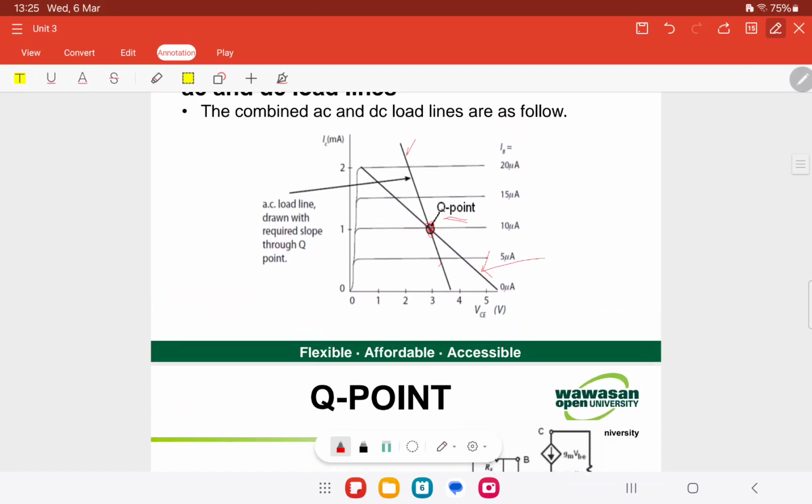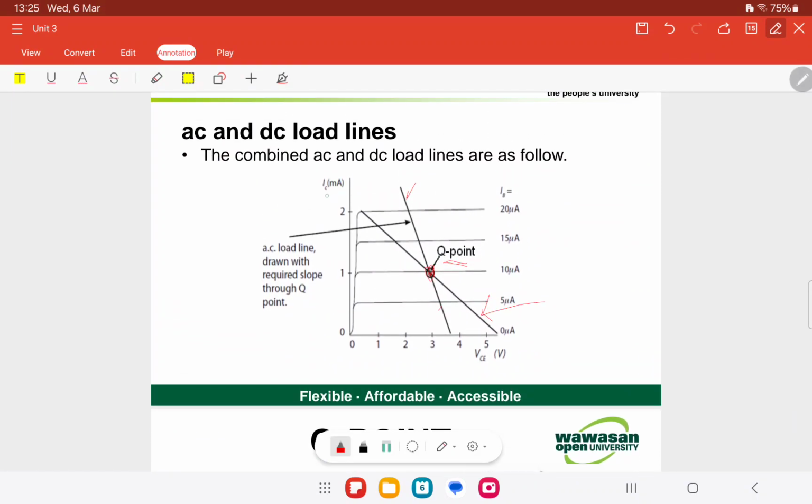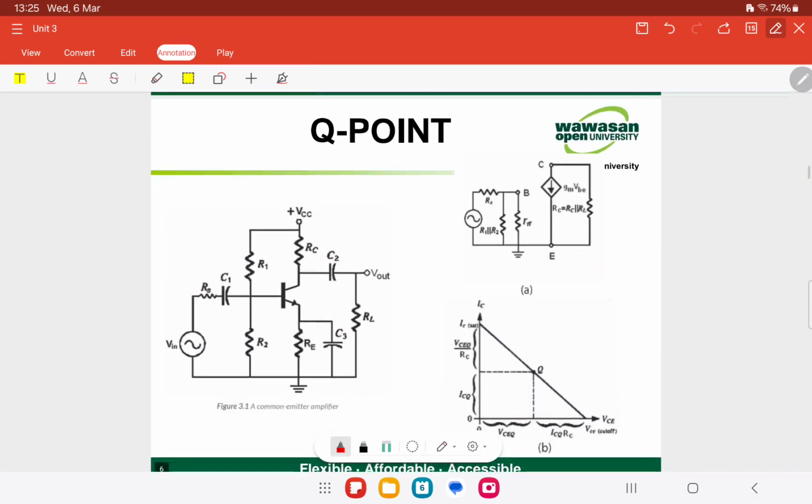And this is the DC load line we have here. On the X axis is the collector current IC value, and on the Y axis is the collector-emitter voltage VCE. And here these are the lines for base current values.